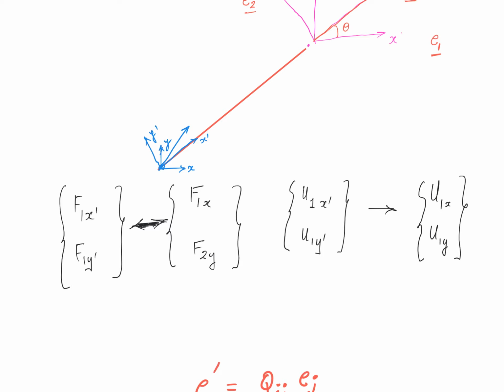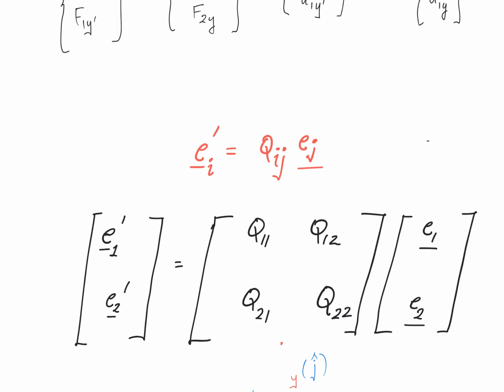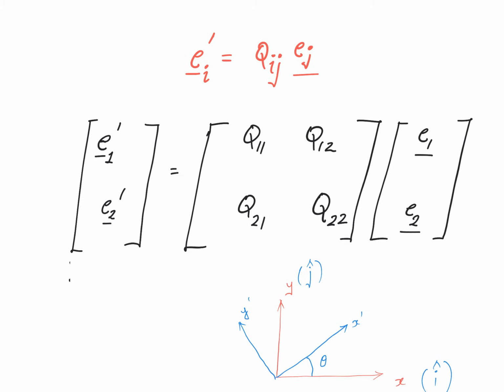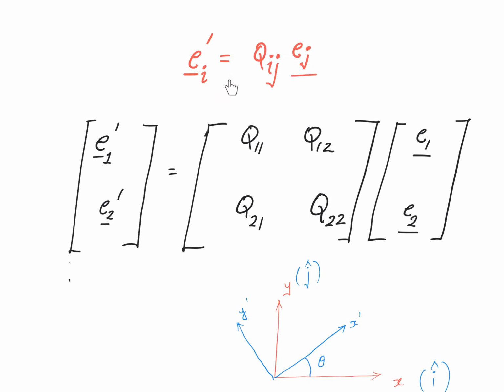Similarly, displacement is another vector. So if I generally derive a formula for any vector, I can use the same set of equations for both the force as well as for the displacement. Make sense? Now, actually, this is how coordinate transformation is written using index notation. Don't get tensed after seeing this equation.